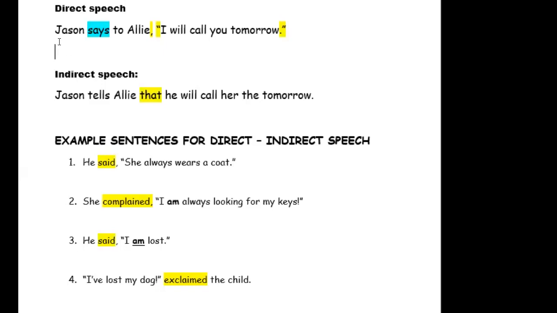Why is the introductory verb so important? We need the introductory verb to tell us the tense of the sentence. The tense can be past, present, or future. In this case, tell me what the tense of the introductory verb says is. Is it past? Is it present? Or is it future?